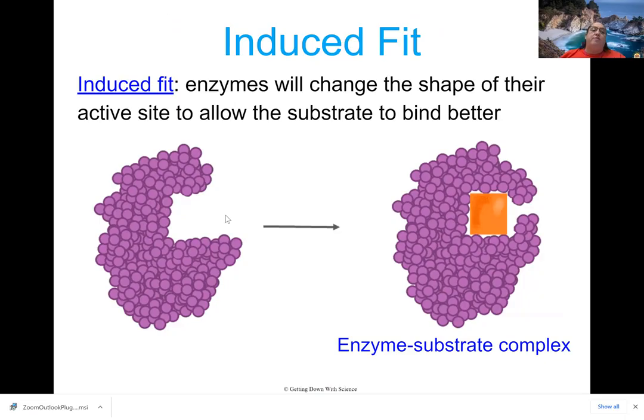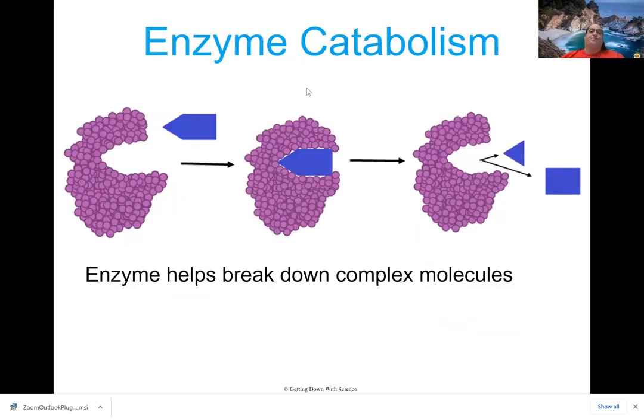So the substrate gets into that area and it triggers the enzyme to shift its shape. So you'll notice that it kind of closes around it a little bit to form that complex. So while we say it fits a certain shape, the reality is that it triggers it to shift its shape a little bit to better fit.